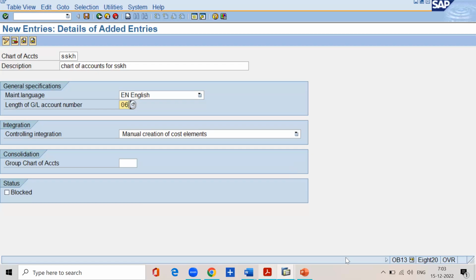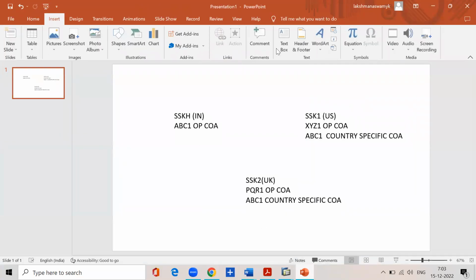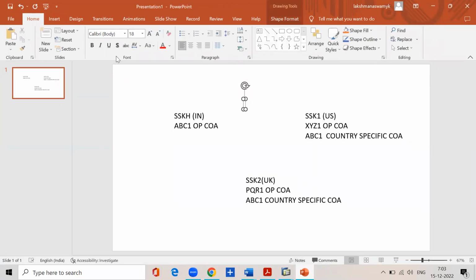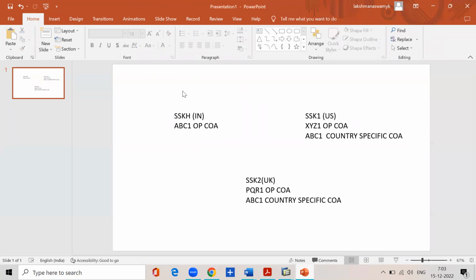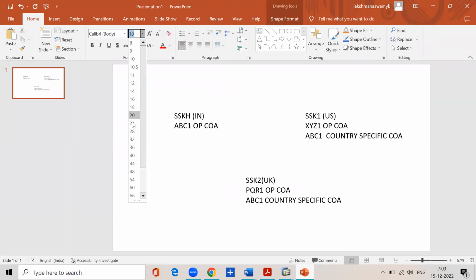That means we can create up to 9,99,999 GL accounts, because the biggest number containing 6 digits is this much. But of course, we never create that many GL accounts. Normally we use only 6 digits.